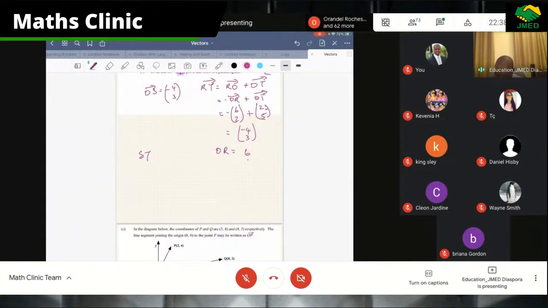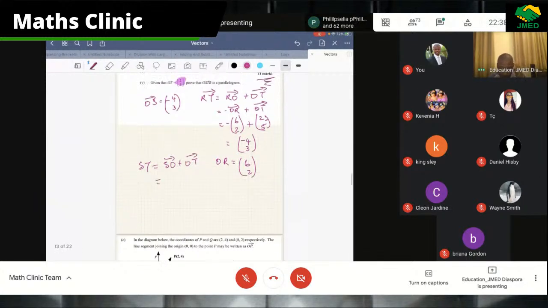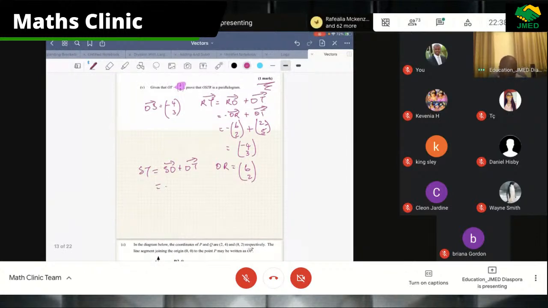OR is 6.2. And ST would be SO plus OT. SO is the negative of OS, plus OT. The negative of OS is the negative of -4, 3, plus OT, which is 2.5.